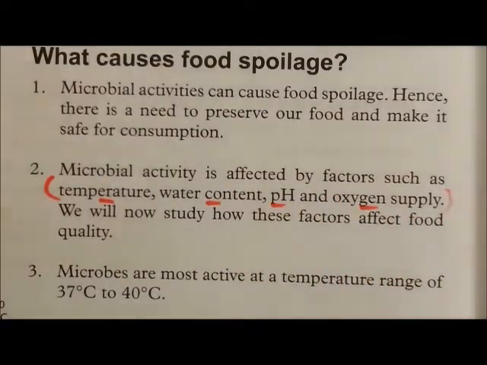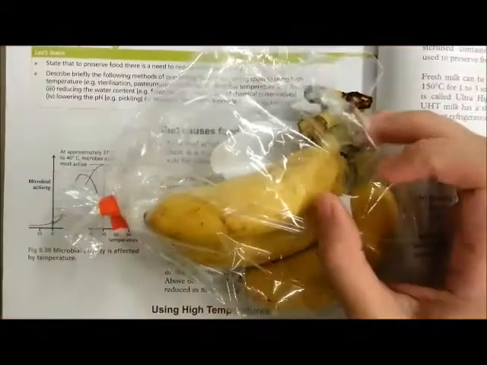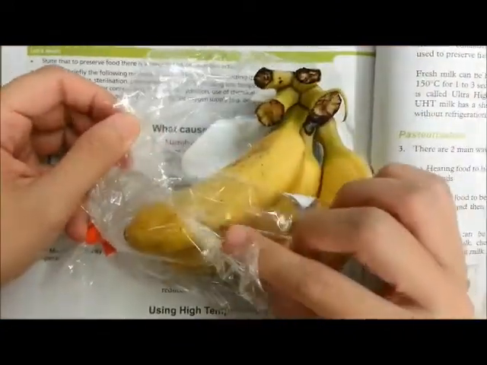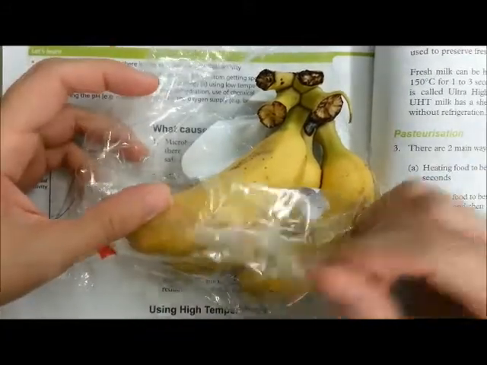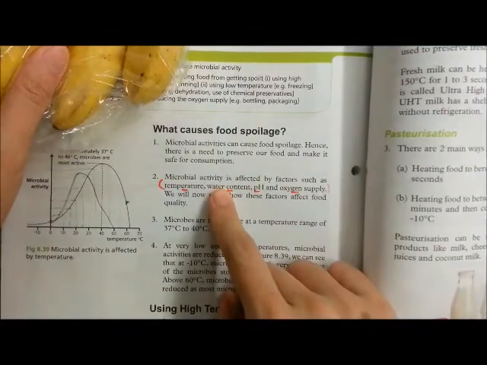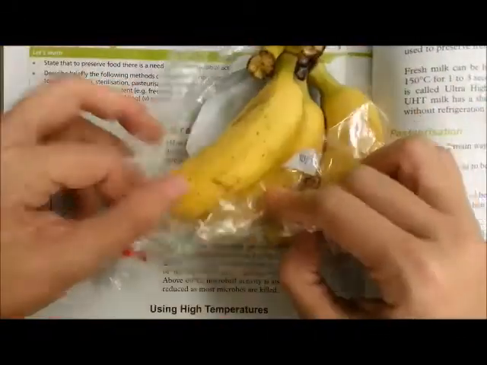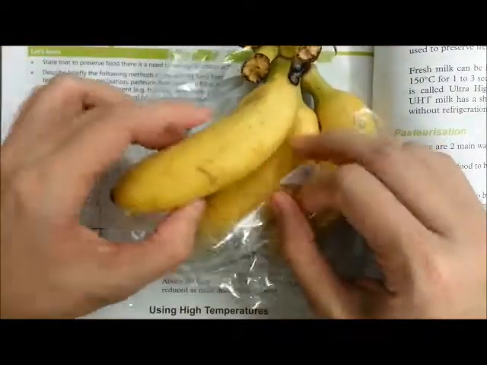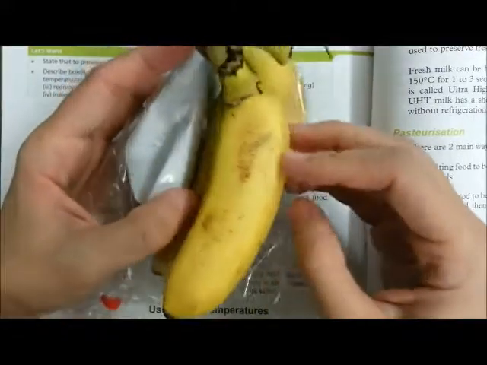For instance, I have a packet of bananas here with the plastic open and it's exposed to the air. In the air, there is moisture and plenty of oxygen. With that, my bananas will turn bad very quickly.